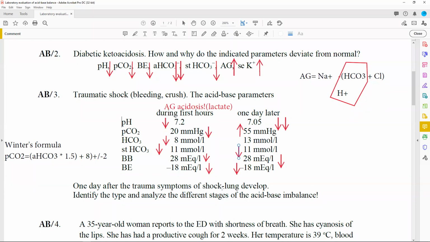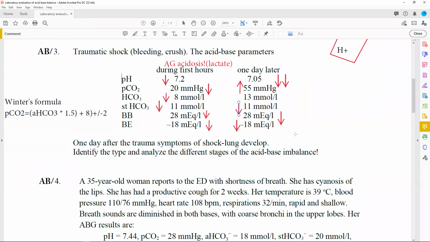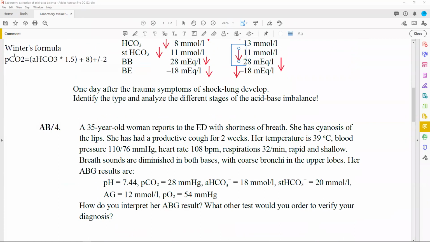In this same situation, there are at least two things that can explain the changes of the pH. All right. Any questions about this? Looks like no questions.